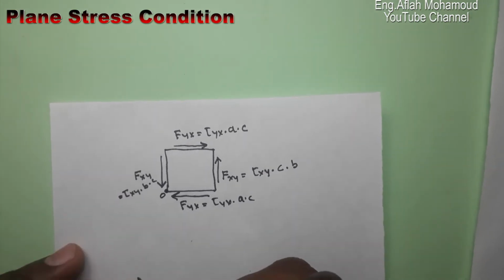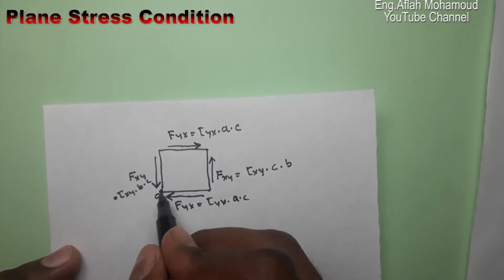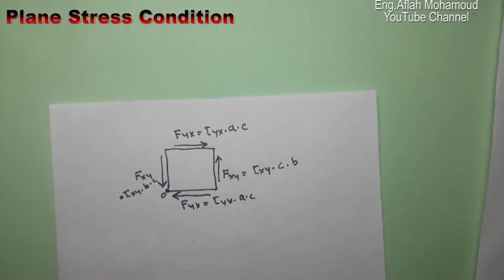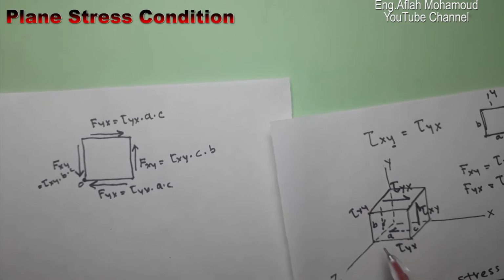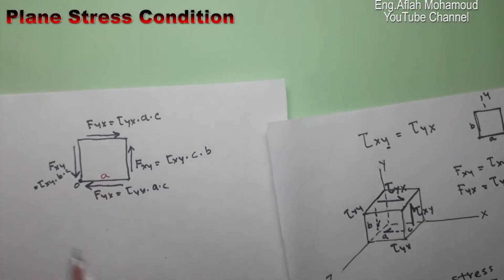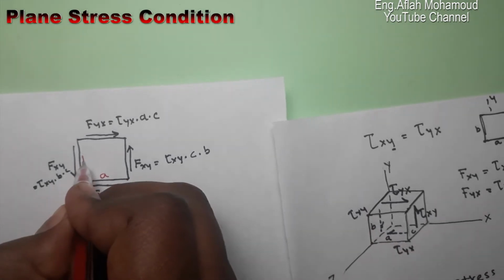The horizontal dimension is A, and the vertical one is B.